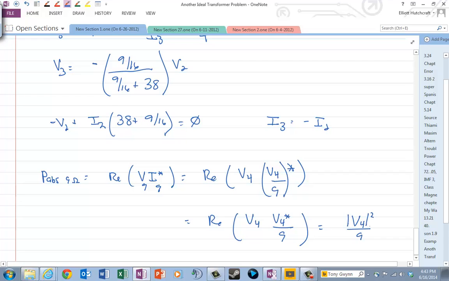Real part of that is equal to just magnitude of V4 squared over 9.